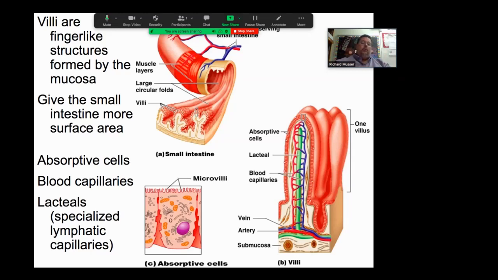And then those nutrients will often be passed on into the capillaries that are inside the villi, or into lacteal ducts that are part of the lymphatic system. So they're part of the lymphatic capillary. So different things will be absorbed in these different vessels sometimes. And we'll get into all that as we continue in the lecture.